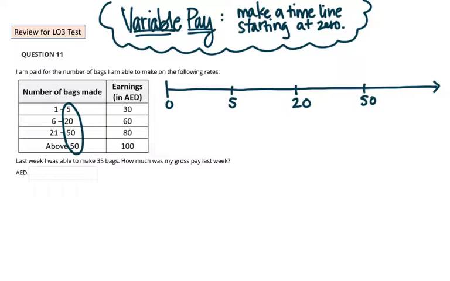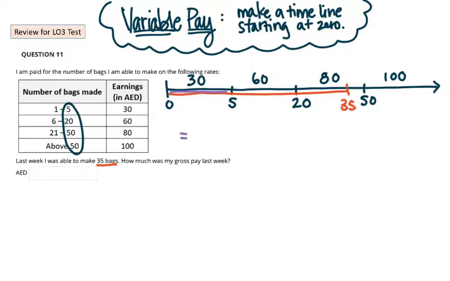So if you make in this category, you'll get 30 dirhams per item, and then 60 dirhams per item, 80 dirhams per item, and 100 dirhams per item. And it says here, I made 35 bags. So we do the thermometer, we stop at 35, and then we can calculate the earnings in each section.